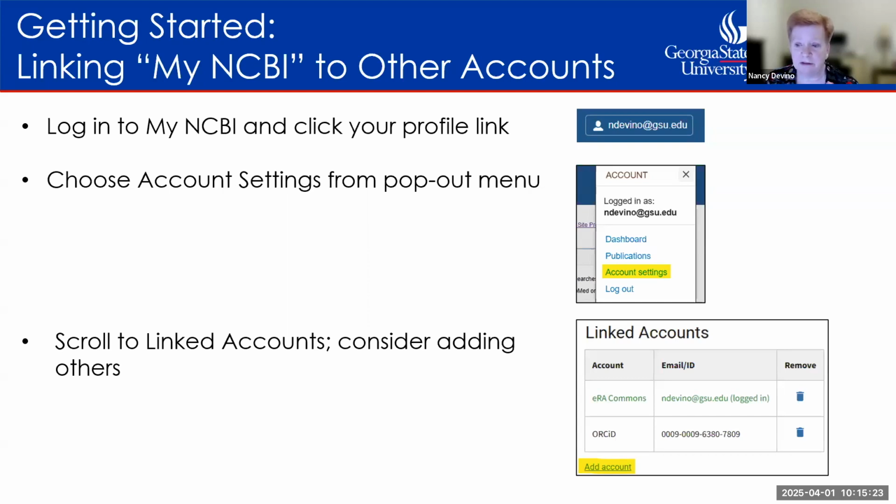Once you've linked those, the data that's in those accounts is accessible for your SciENcv Biosketch creation. If they're not linked, then SciENcv doesn't have any of that information, and it's really little more than a manual re-entry of all of that data. So this is a great tool for reusing data that you've already got.